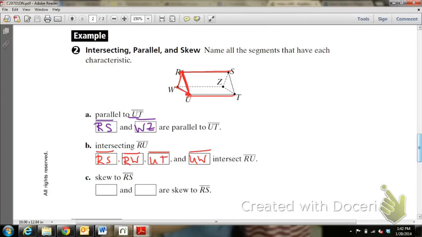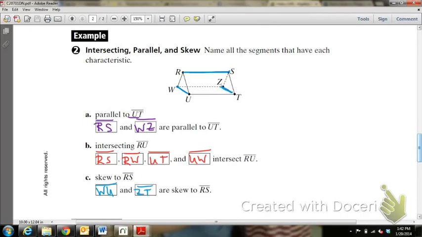And skew to RS, I'm going to erase again and change colors one more time. Okay, here's RS. Remember, skew means it goes in a different direction and will never touch. So, going in a different direction and not touching would be WU, it's a hard one to say, and also ZT.